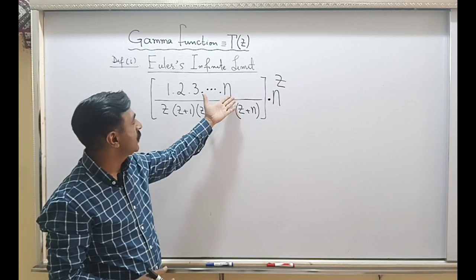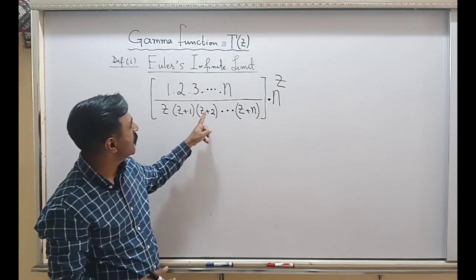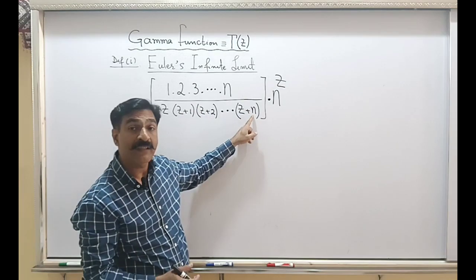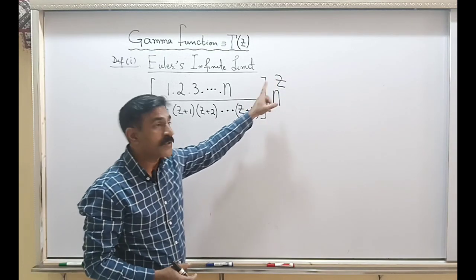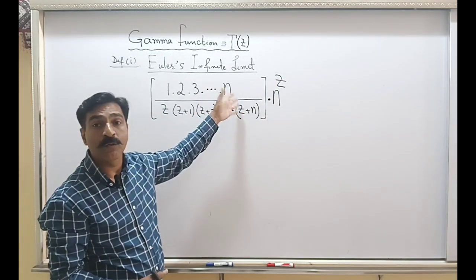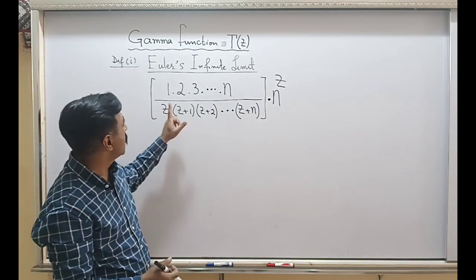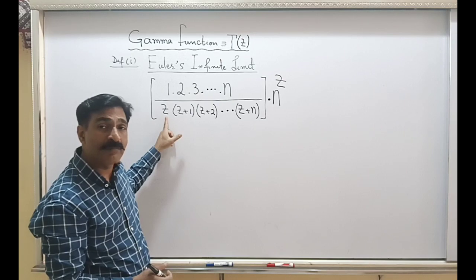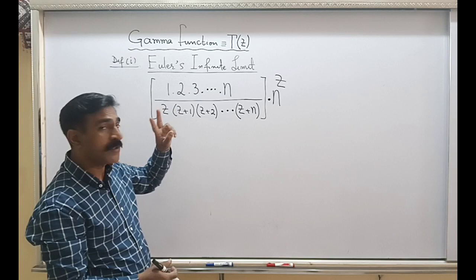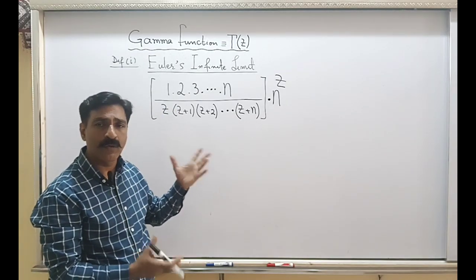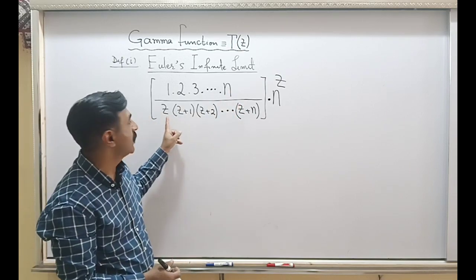For example, if n is 10, then it is 1, 2, 3, so on 10, and it is z into z plus 1, z plus 2, so on z plus 10, and into 10 to the power z. So n could be 11, n could be 1000 and so on and so forth. So n is a general symbol. Similarly, z is also a general symbol. It can have any value whatsoever. Right? So there are two general symbols which we call variables, and those variables are n and z.